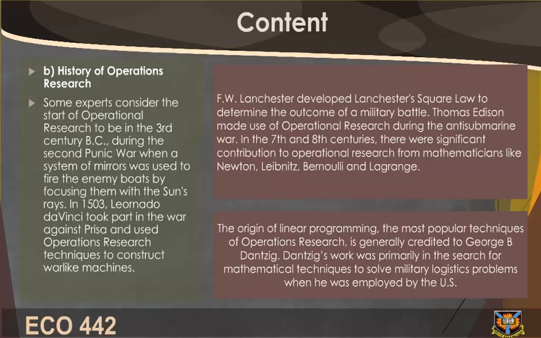In 1503, Leonardo da Vinci took part in the war against Prussia and used operations research techniques to construct warlike machines. F.W. Lanchester developed the Lanchester Square Law to determine the outcome of a military battle.